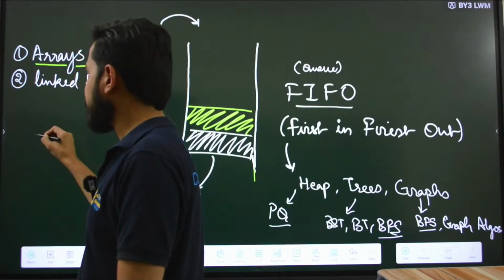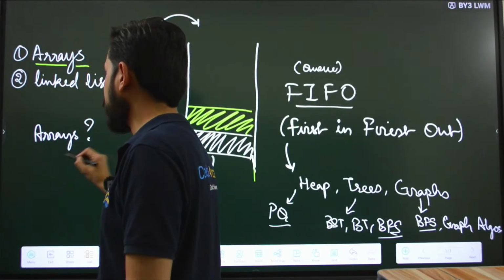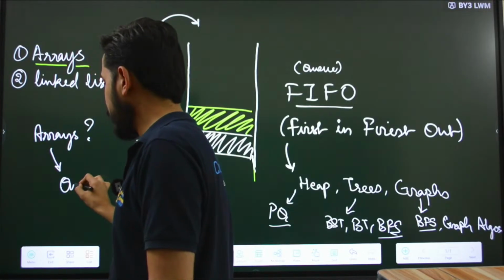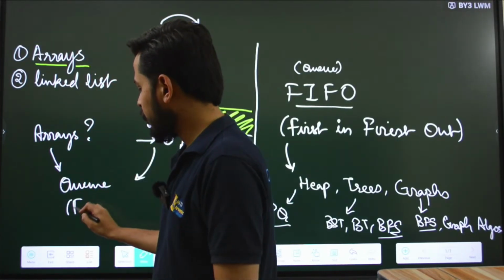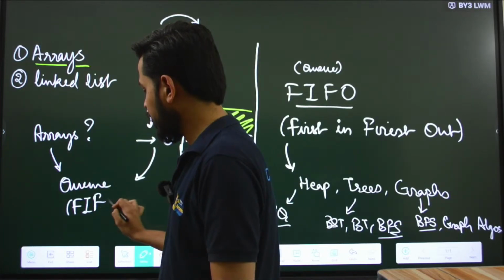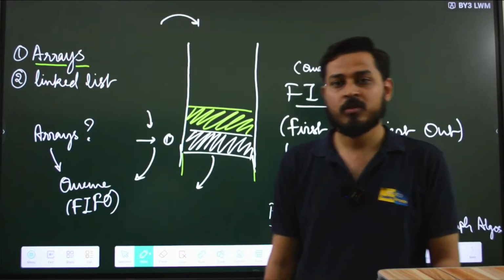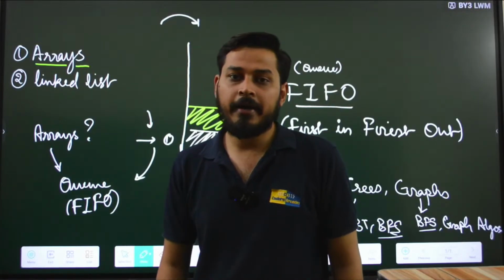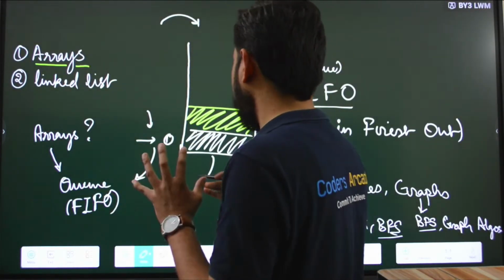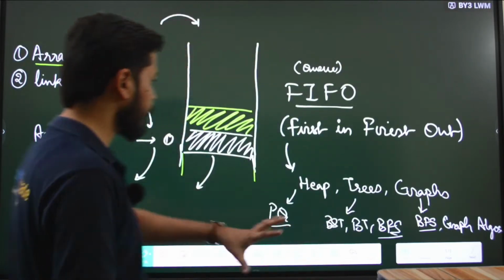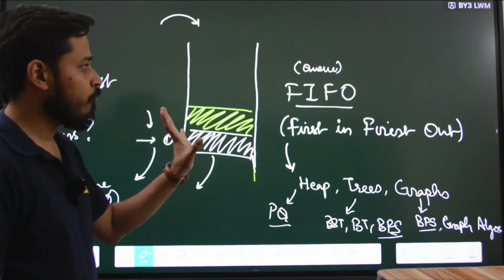So we need to understand how arrays can be used to implement a queue, or the concept of first in, first out. This is my question, and how to do that, let us see right here. I hope all of this concept is very clear to all of you.